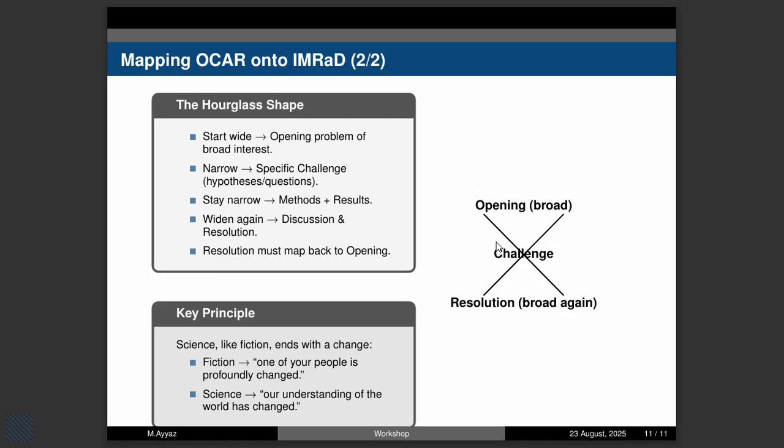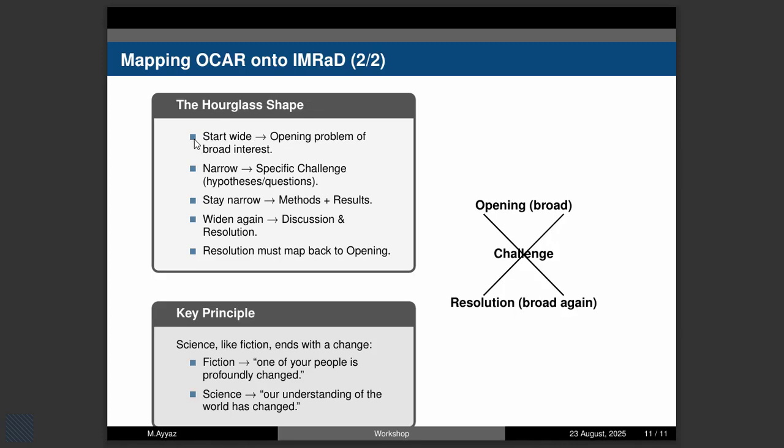And at the very end of the opening, the introduction, we have to address some specific challenges that we are going to face in the story that we are reading. And after describing the challenge, we have to run again and end up with a resolution.